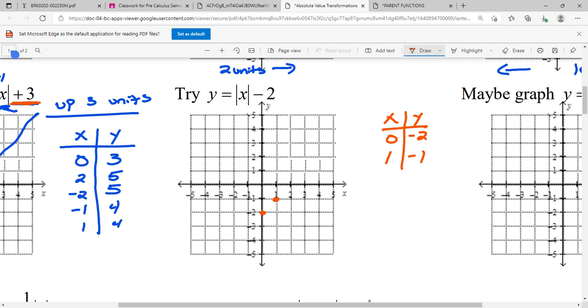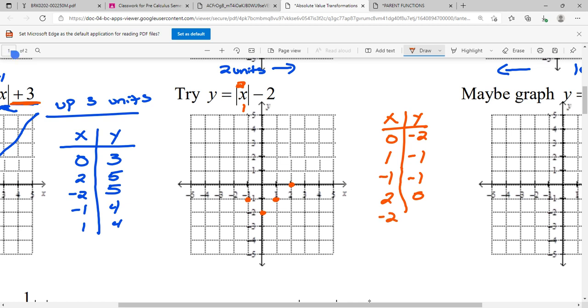All right, let's try negative 1. The absolute value of negative 1 is 1. 1 minus 2 would be negative 1, so that would be here. 2 would be 2 minus 2 is 0, that's right there.